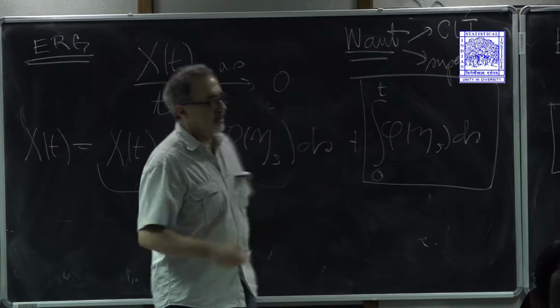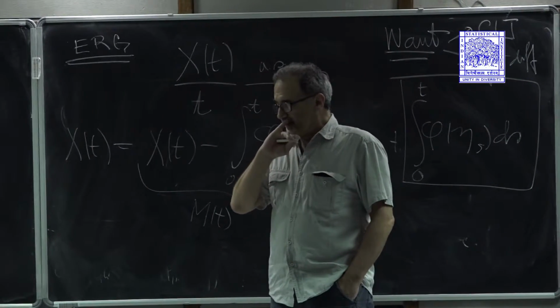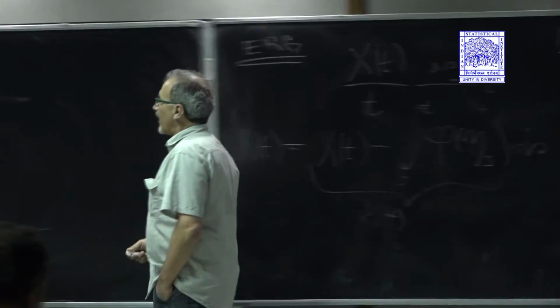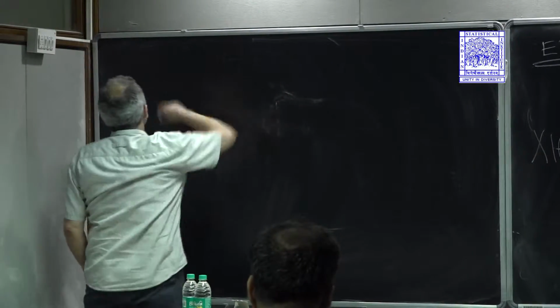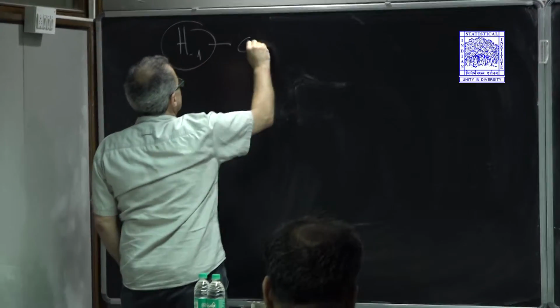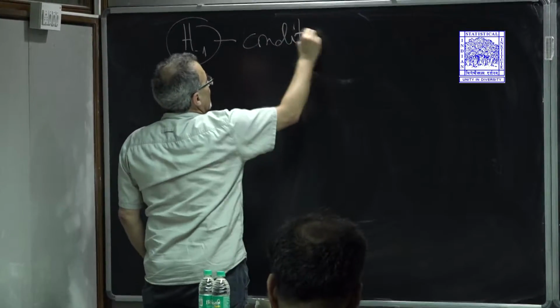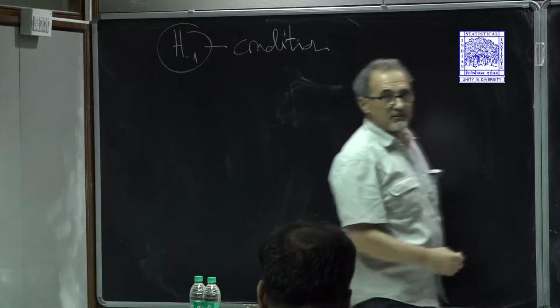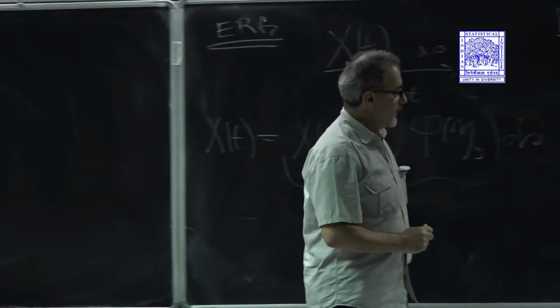It goes back to the early or mid 80s. It was conjectured that the so-called H minus 1 condition, which comes from some Sobolev sort of inequality, which I write down.